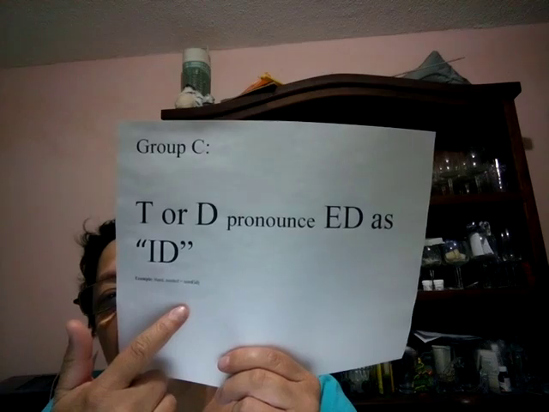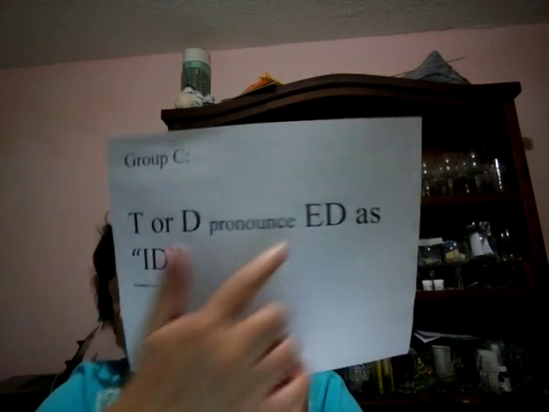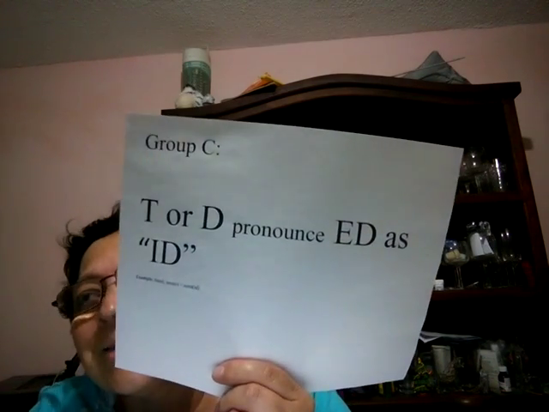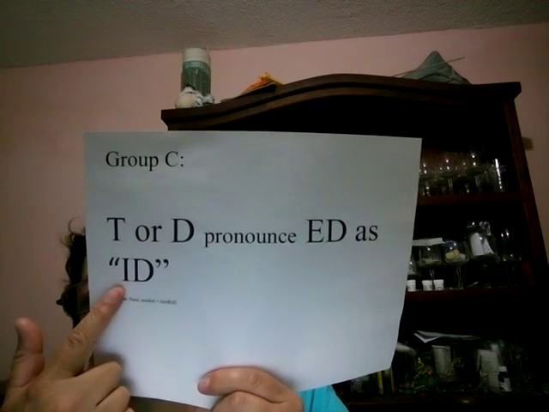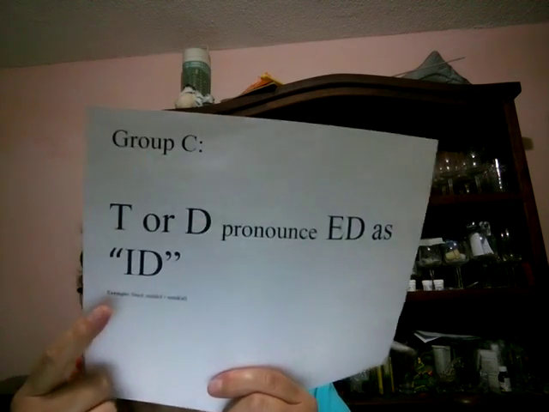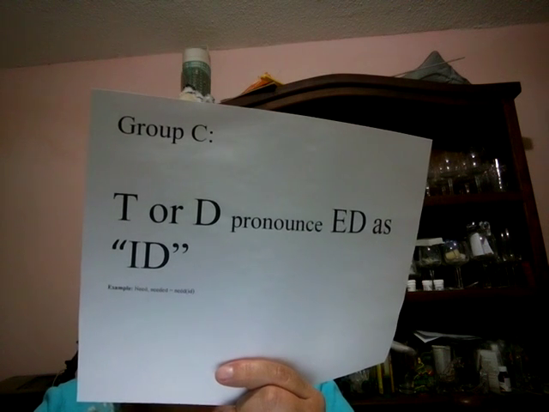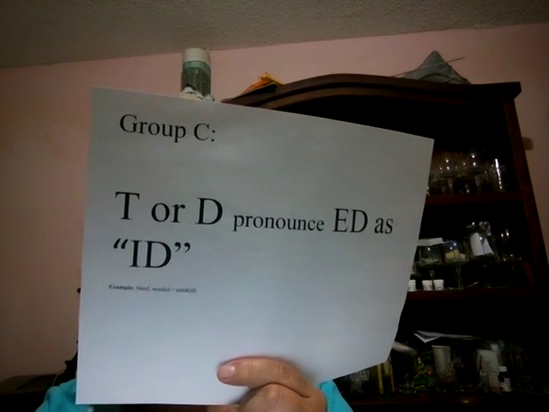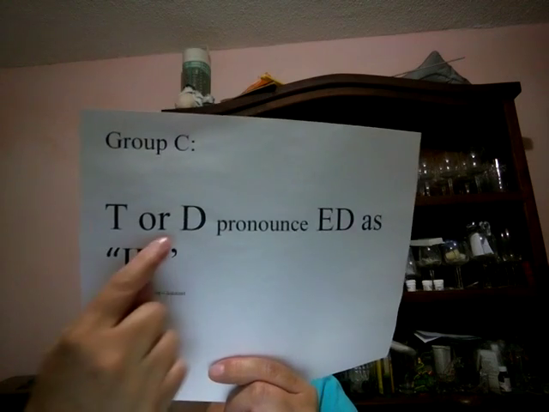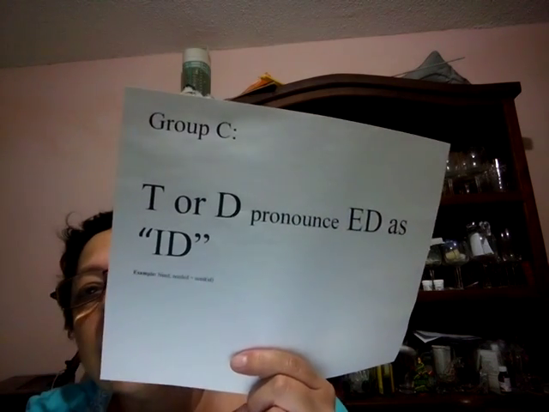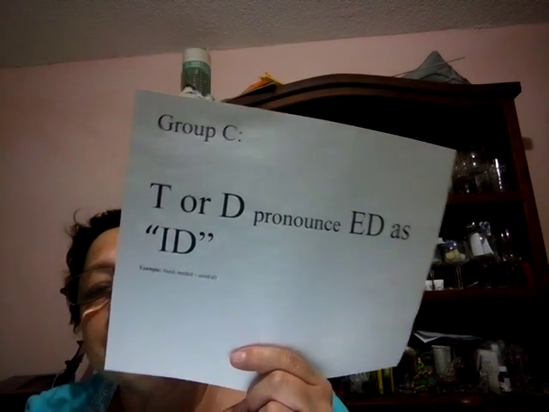See? In this case, the E is not silent. We pronounce this vowel. For example, need, needed. The verb need ends in D, and we say needed.